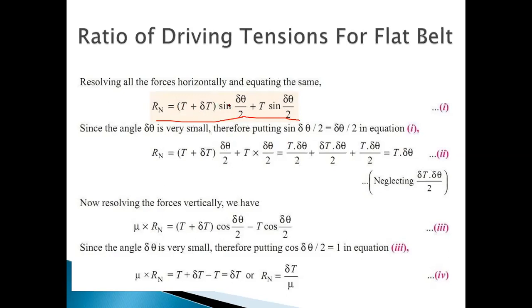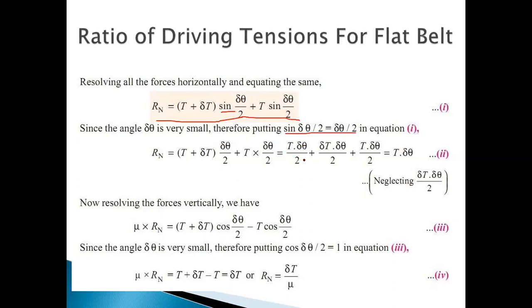If we take sine delta theta by 2 equal to delta theta by 2, then the sine is going to be removed. Why? Because delta theta is a very small angle. As we discussed, we are going to take a very small part of the angle, right? So sine delta theta by 2 is equal to delta theta by 2.